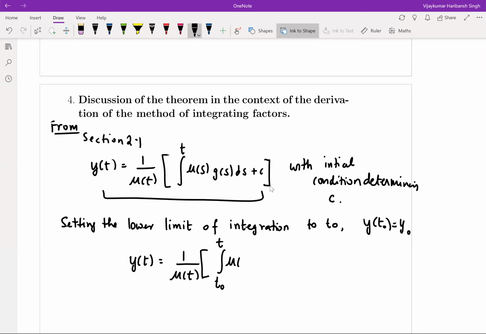So now note the following. Mu of t is the exponential of the integral of p of s ds, or if you want to write it directly, mu of t as e to the power of the integral of p of t dt.